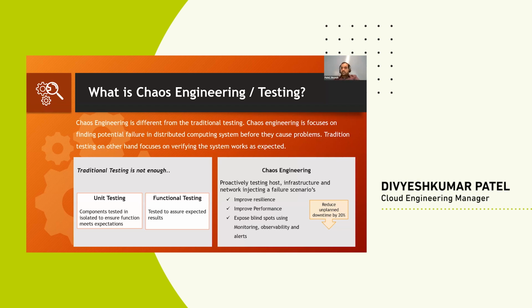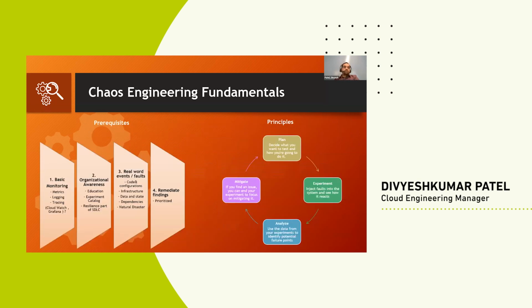Since now you know why we are doing this, we are moving to the principles or fundamentals behind chaos engineering. What are the preconditions or prerequisites required for chaos engineering?